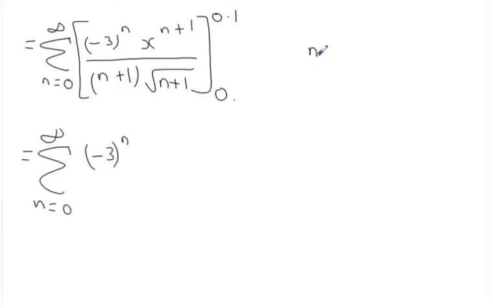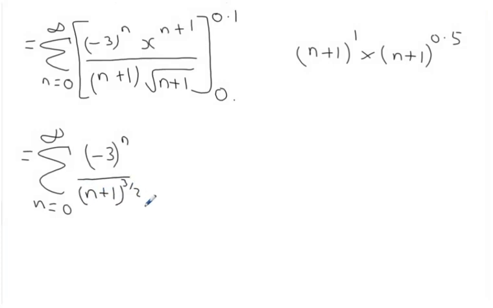So that's like n plus 1 to the power 1 times n plus 1 to the power 0.5. You could write that as n plus 1 to the power 3 over 2.